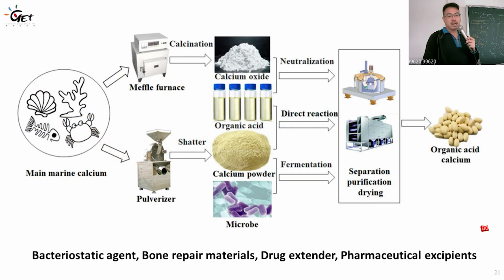And there is another way to make it even more efficient. We combine it with tiny protein, and that protein is easy to absorb by our guts. So it's an easier way to produce it.